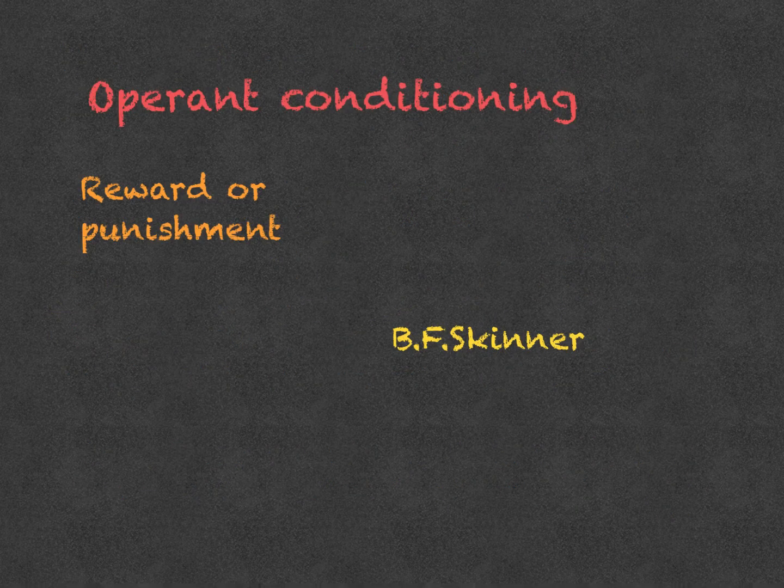So the other method of learning and creating behaviours is that of operant conditioning. So this is the second one that we'll be looking at here. So this involves reward and punishment, which should not be new concepts to you. You should already be familiar with them. But how we use them is a little bit specific in operant conditioning.